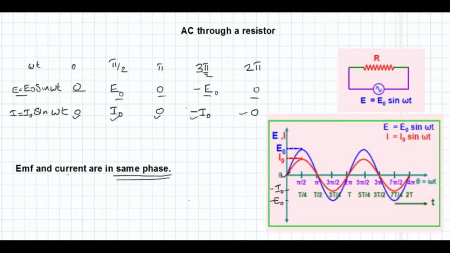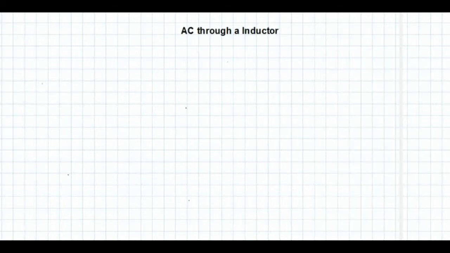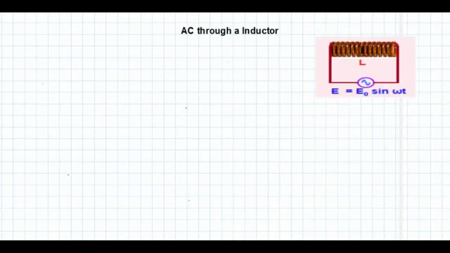So note the point, EMF and current are in the same phase when alternating current passes through a resistor. Both E and I are sin omega t functions.